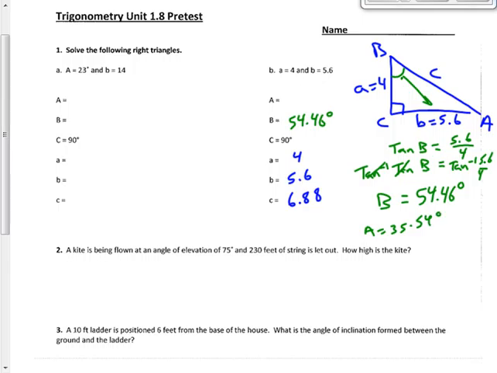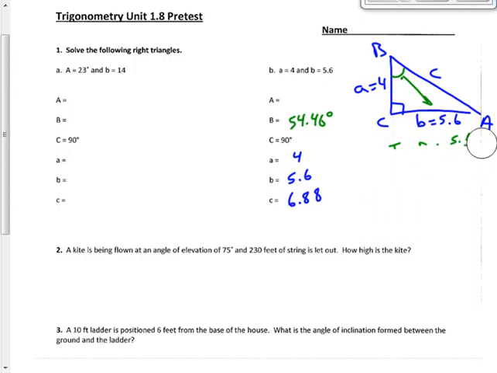And so if you want to use that idea that the two of those angles added together have to give you 90, or you could go through and guarantee that they come out to be the angle that you want it to be. You can take the same idea that we started with in problem A and do 180 minus 90 minus 54.46.